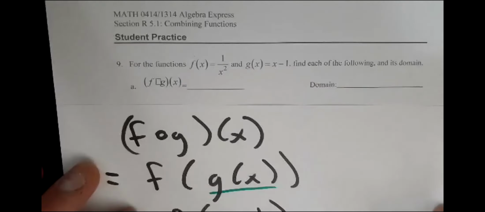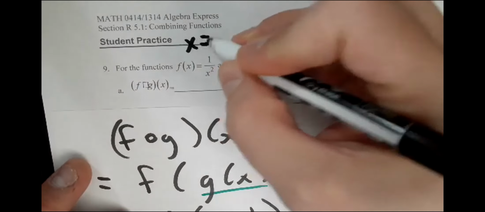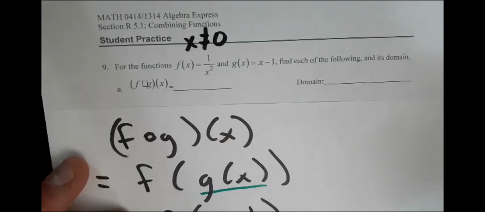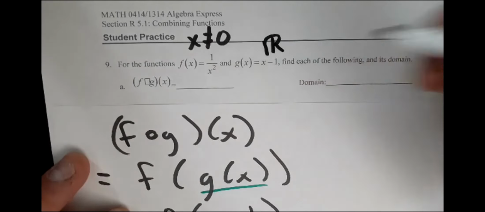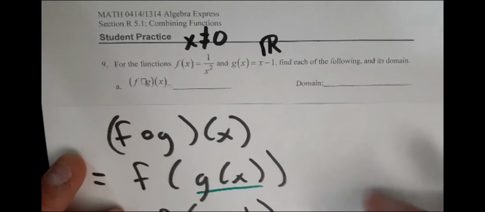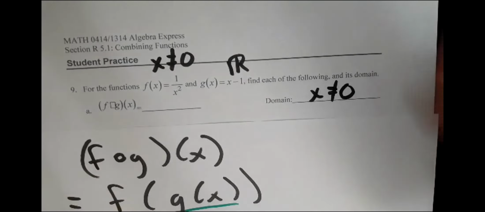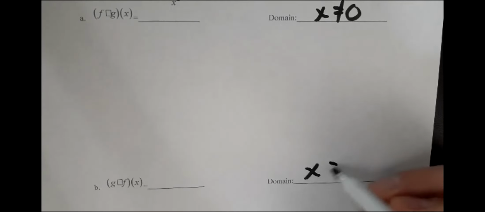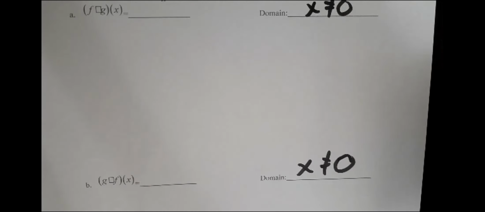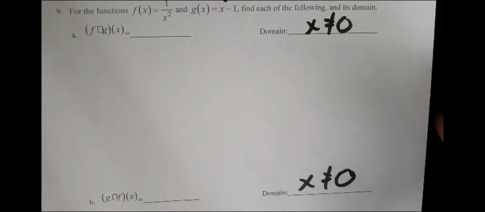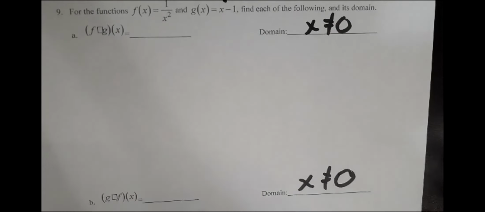I didn't do my domain here, but if x squared cannot be 0, this is going to give me a restriction that x cannot be 0, and it's going to give me that restriction twice. This thing has no restrictions, it's just a line. So right away, I could probably just go ahead and plug this into both of these domains. We know this is a restriction on both of these things. x cannot be 0 on either of these things. Okay.